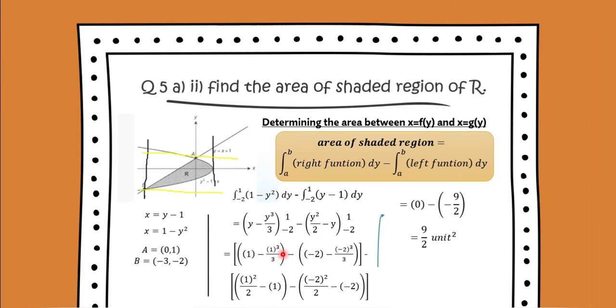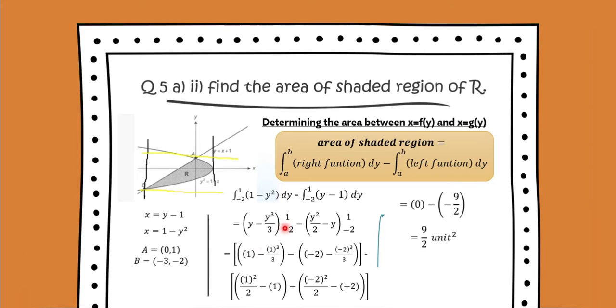Next, replace the value of b, which is 1, and then replace the value of a, which is negative 2, and subtract.